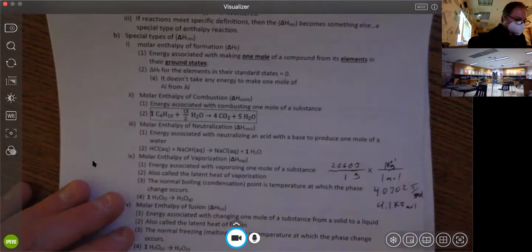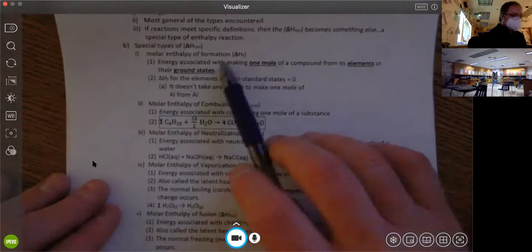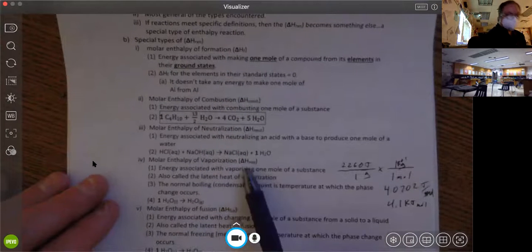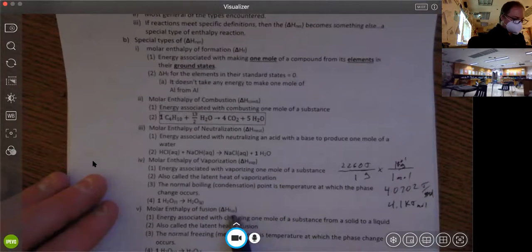If you're given moles, you're given grams or whatnot. But if you take a look here, this is all those delta H's that I was talking about. We've already done delta H of vaporization, delta H of fusion.